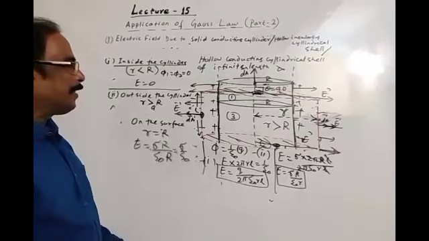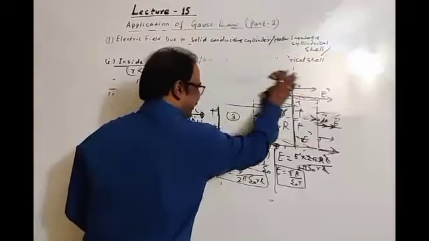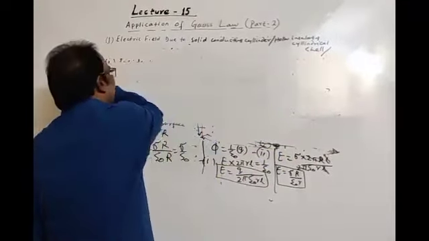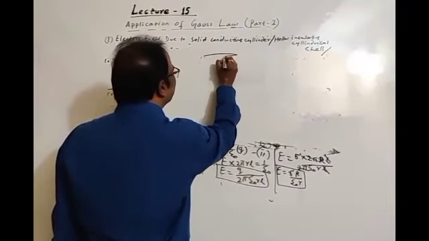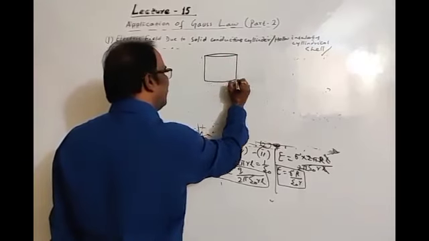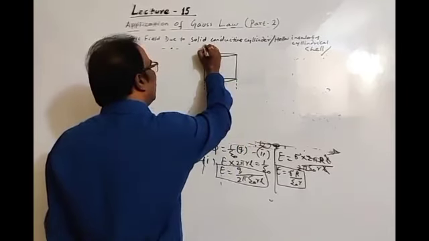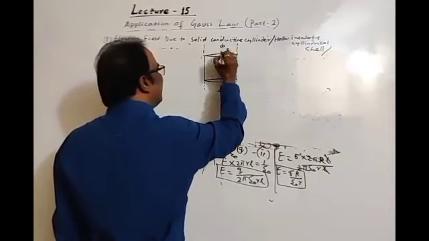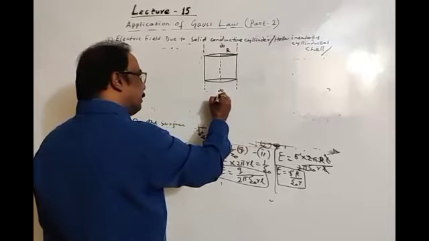Okay. Now the required graph. This is the actual cylinder, of infinite length, and the radius of the cylinder is capital R. This is the axis of the cylinder.